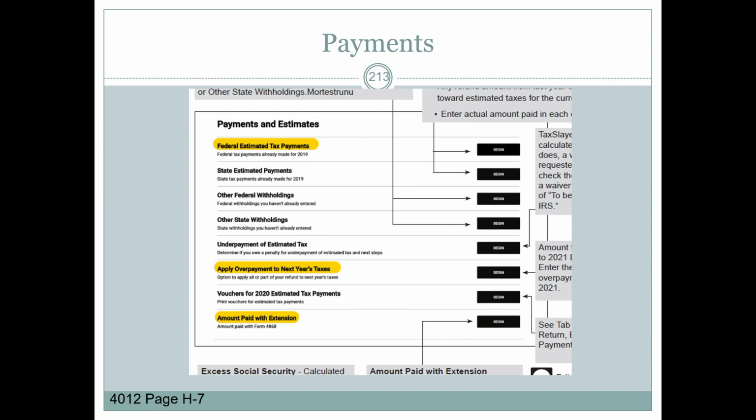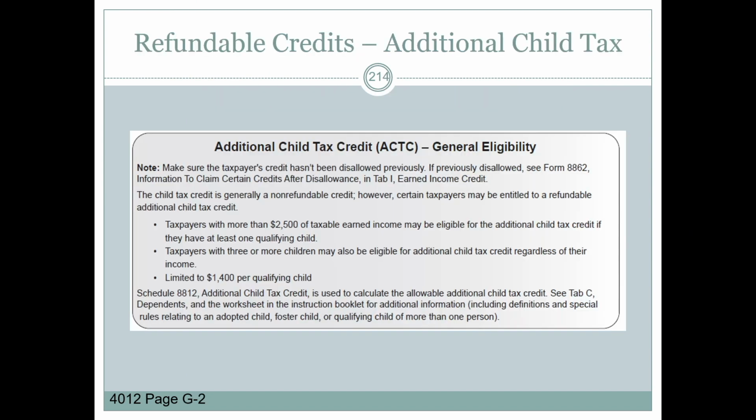So that's what the screen will look like. That pretty much covers all of the payments that you would see in TaxSlayer or on the tax return: federal estimated tax payments, apply overpayment to next year's taxes, and the amount paid with an extension.